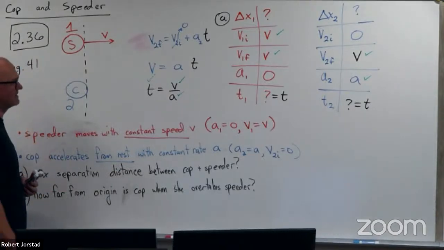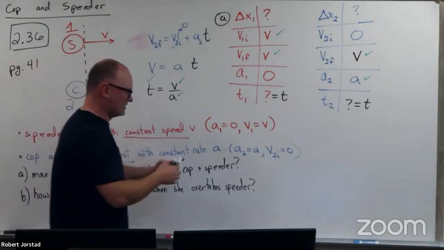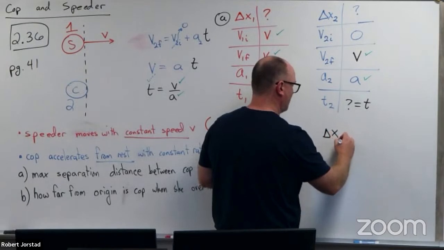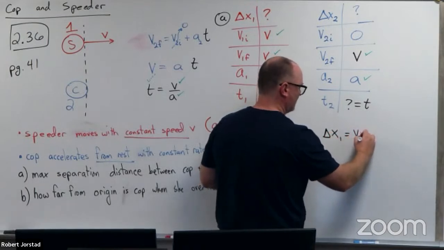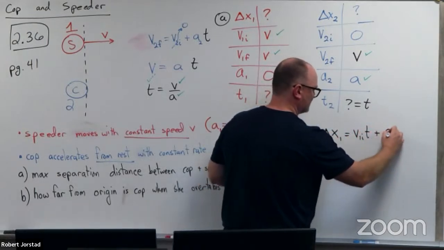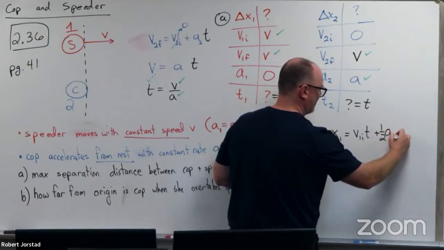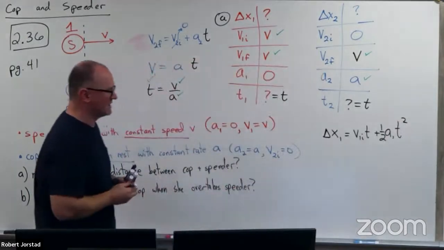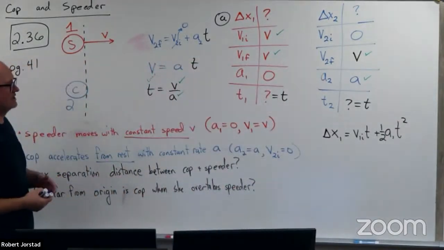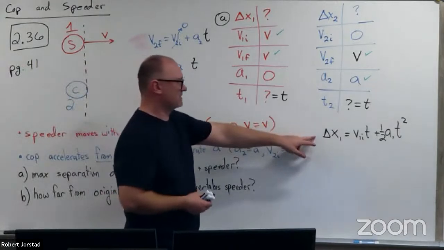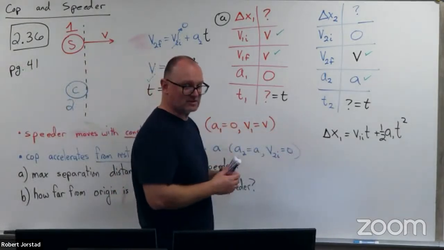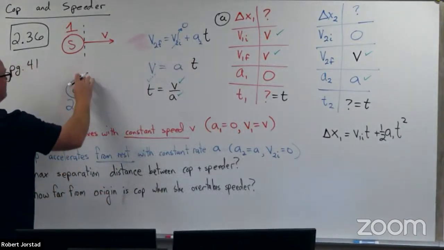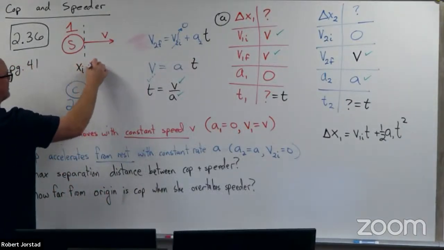Next, I could take this and stick it into another equation here. We could say delta x1 equals V1 initial time plus 1/2 A1 T squared. Again, the time doesn't need a subscript. I chose this equation to get the position of 1. Keep in mind, they both started at x initial equals 0.